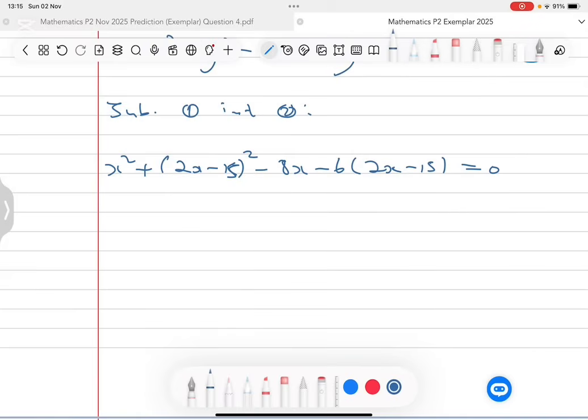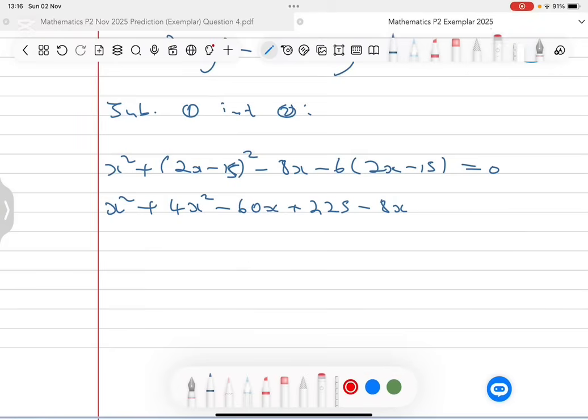We have here the x squared. I'm going to expand the (2x minus 15) squared, and it will give me 4x squared. And in the middle, I'm going to have 2 times 2, which is a 4, 4 times 15, that should give me negative 60x. And if we square the 15, we get 225, and we have here negative 8x.